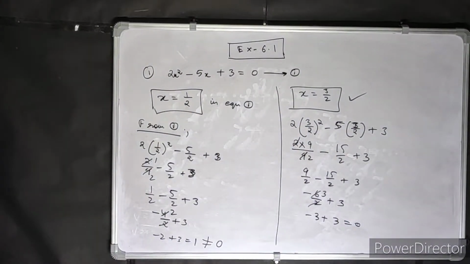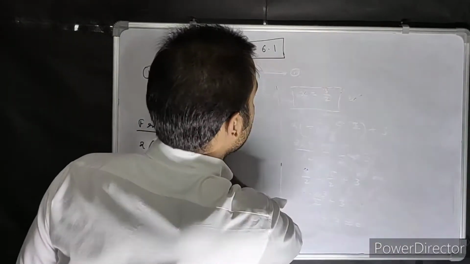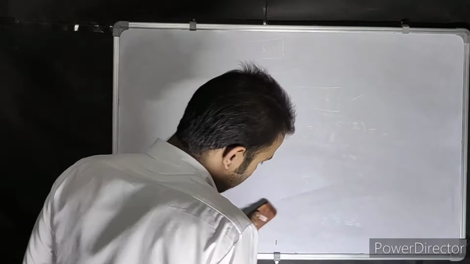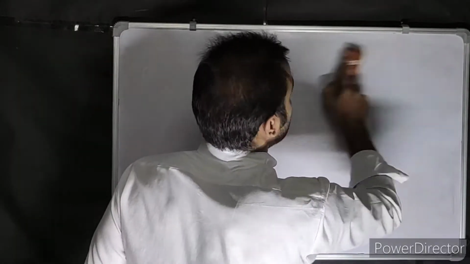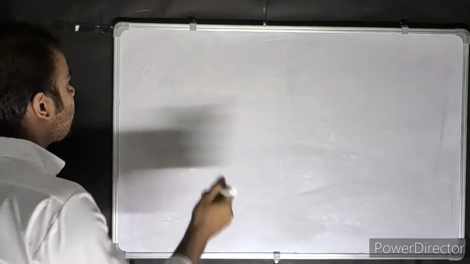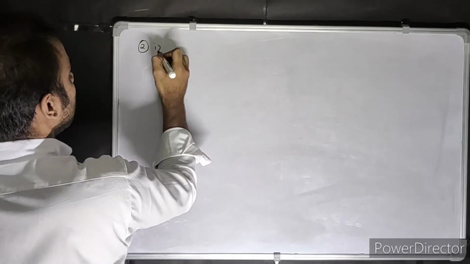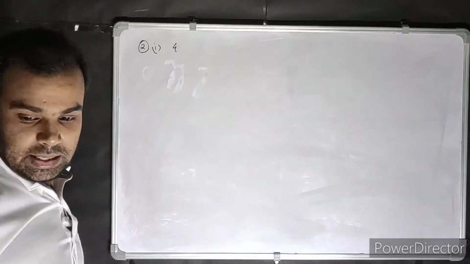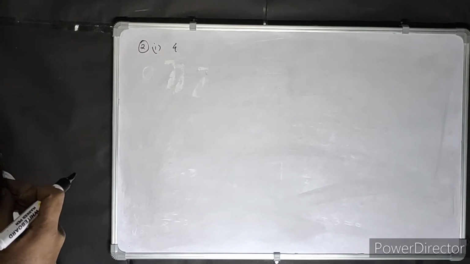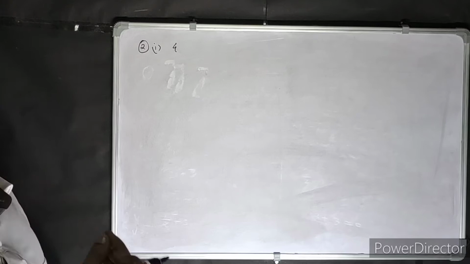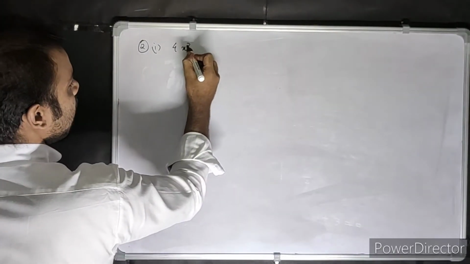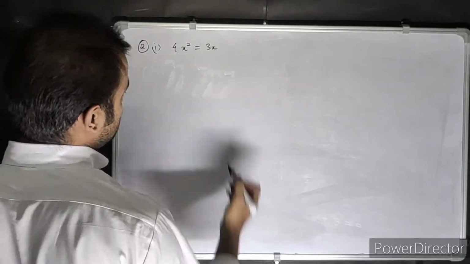Let's go on to the next question. Question number 2, part 1. It's saying solve the following equation by factorization. 4x squared is equal to 3x.